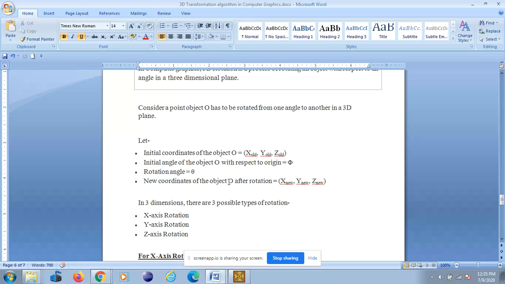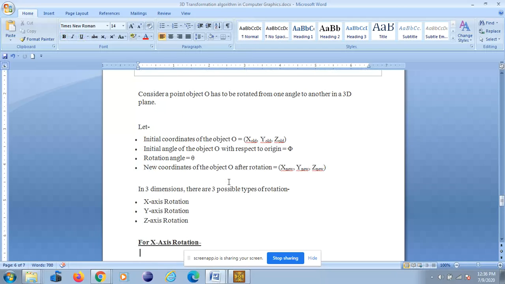You can see the rotation of the object along each axis, so you can rotate along the x-axis, y-axis, and z-axis.